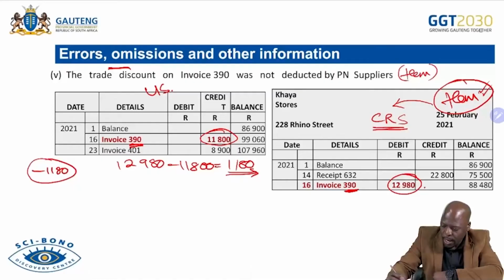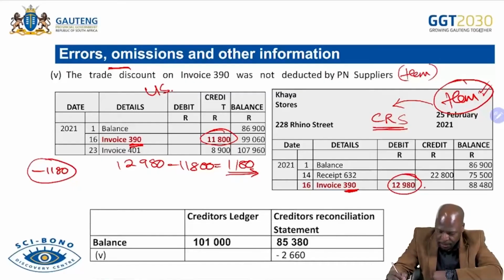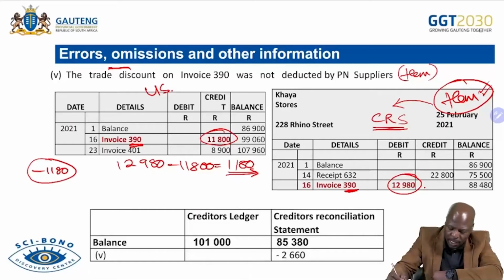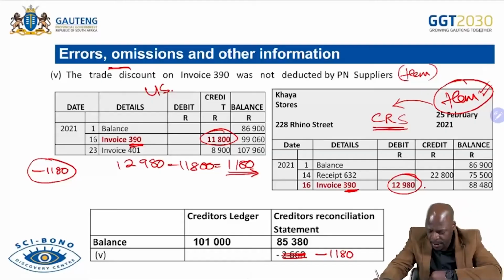Let us go and record it in the creditors reconciliation. Okay, so we're going to come to the creditors reconciliation. It has to be a minus here. A minus 1,180.